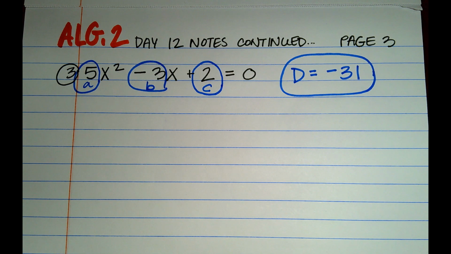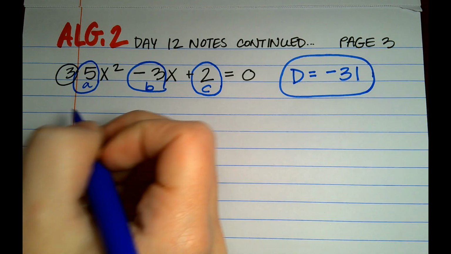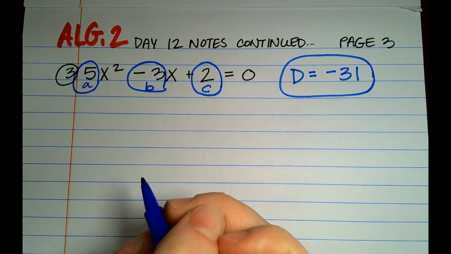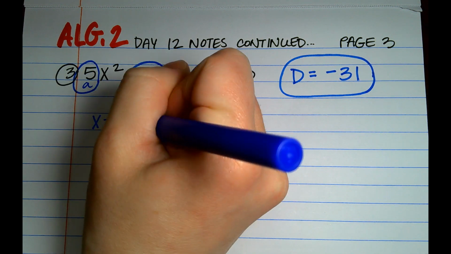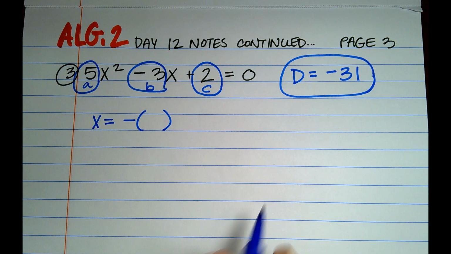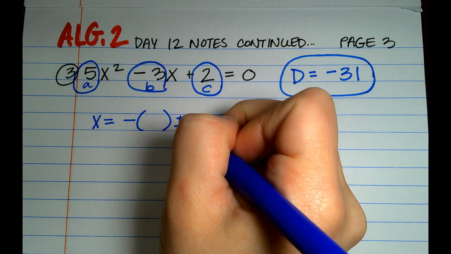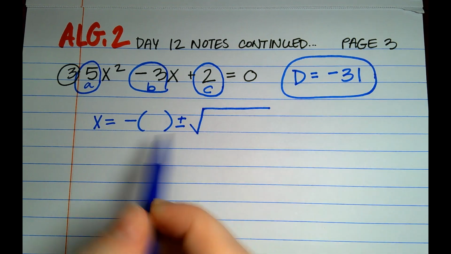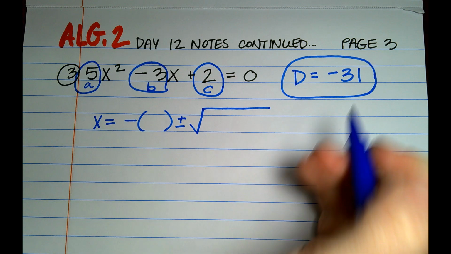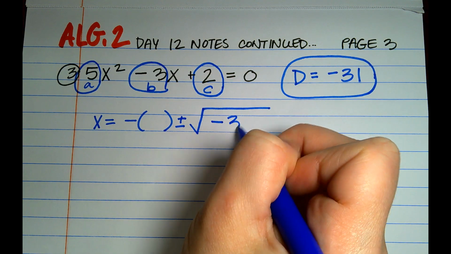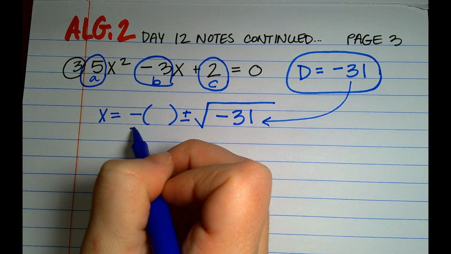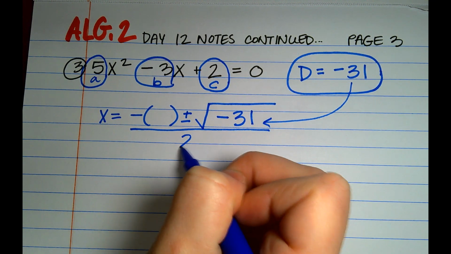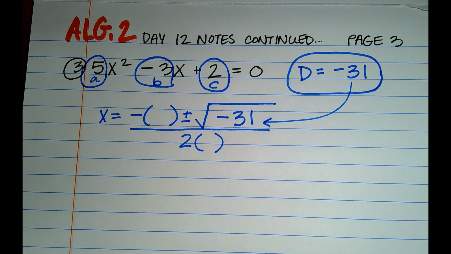So if I want to solve to find the solutions for this equation, what will I do next? Yes, x equals negative b plus or minus the square root of negative 31, our discriminant. I'll go ahead and stick that in. And it's all divided by 2 times a, which will be 5, yes.